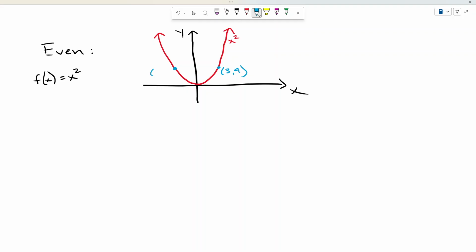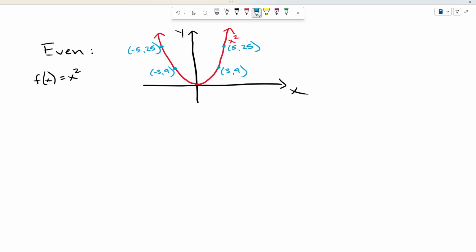We also have negative 3. Just like if we were to plug in 5, we would have 5, 25 as a point. And then we'd also have negative 5, 25 as a point.